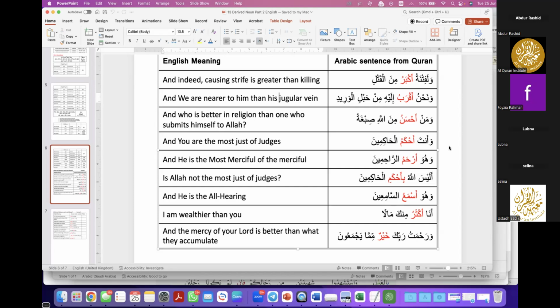Min is not there. And also, if you look at the meaning, the best, the most just of judges. Allah is the most just judge. Okay, good. Exactly. MashaAllah, good. No problem, Sister Shima.